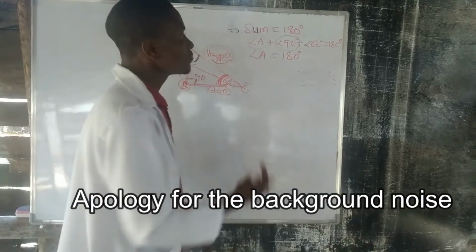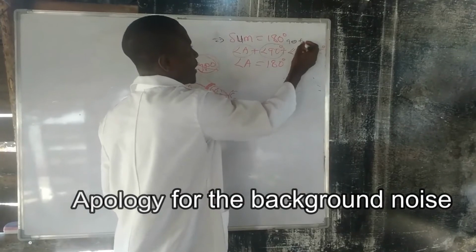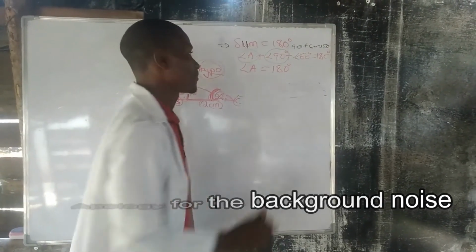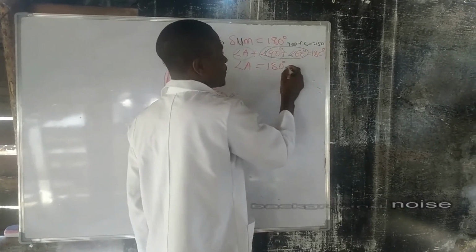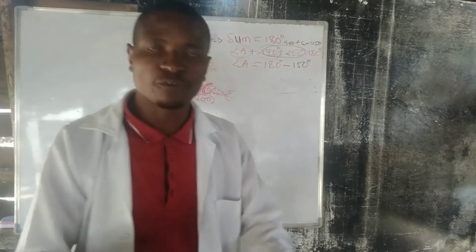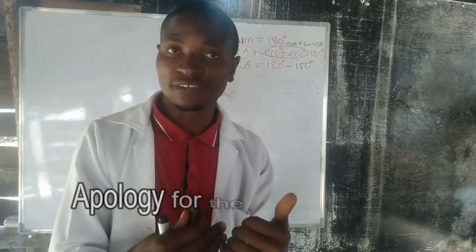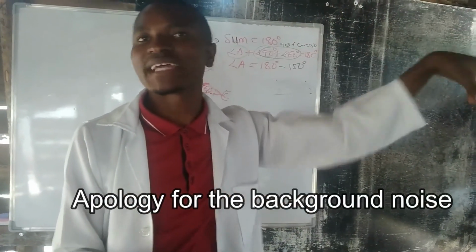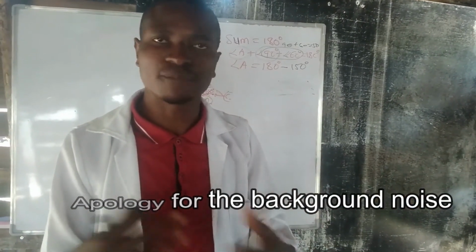Therefore, 90 plus 60, you get 150. Now you take that 150 and cross it over to the right hand side, meaning the way we used to do equations in the past. I'm sure you remember.